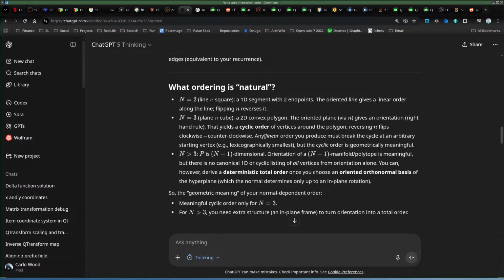You see, that's what it means with linear order. So maybe it says this doesn't work with your ordering, but cyclic order would be at least geometrically meaningful. So maybe you need a different definition.